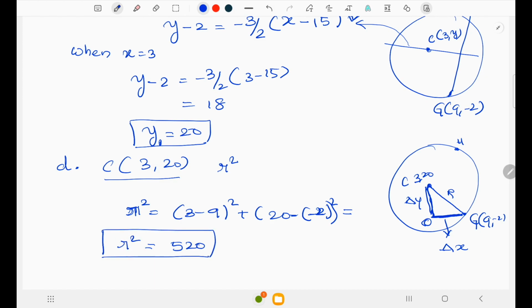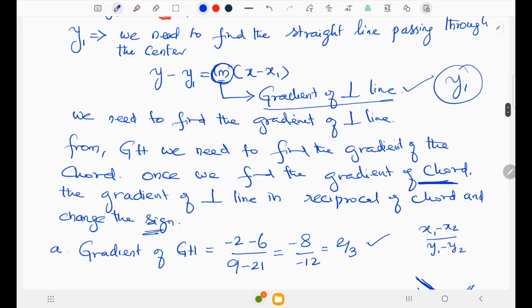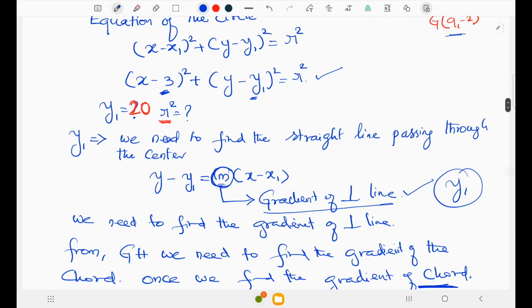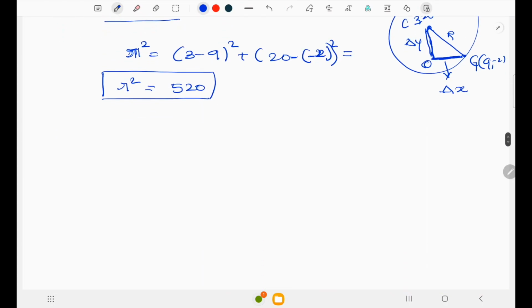So now to find the circle equation, we know r square also. So substitute the value in the circle equation. Number E, the circle equation is, what is the circle equation?